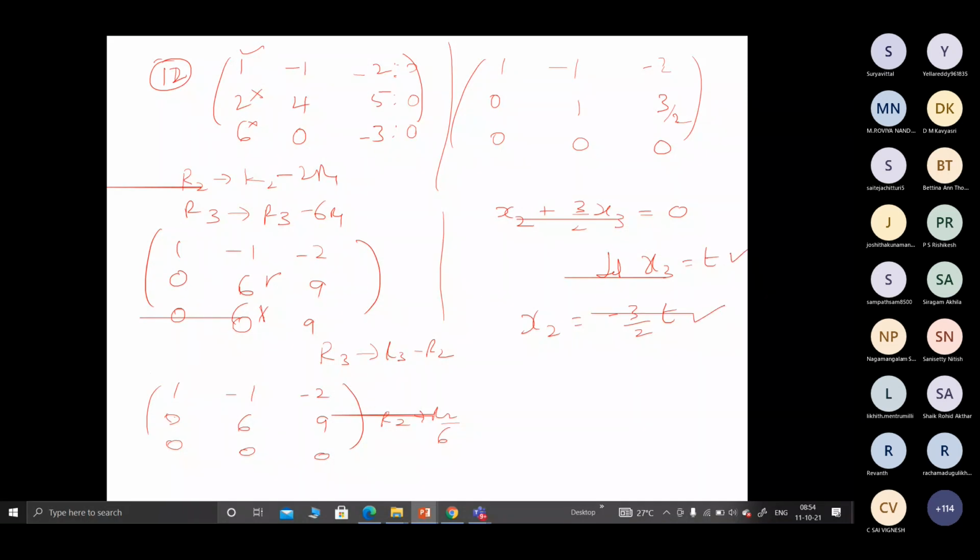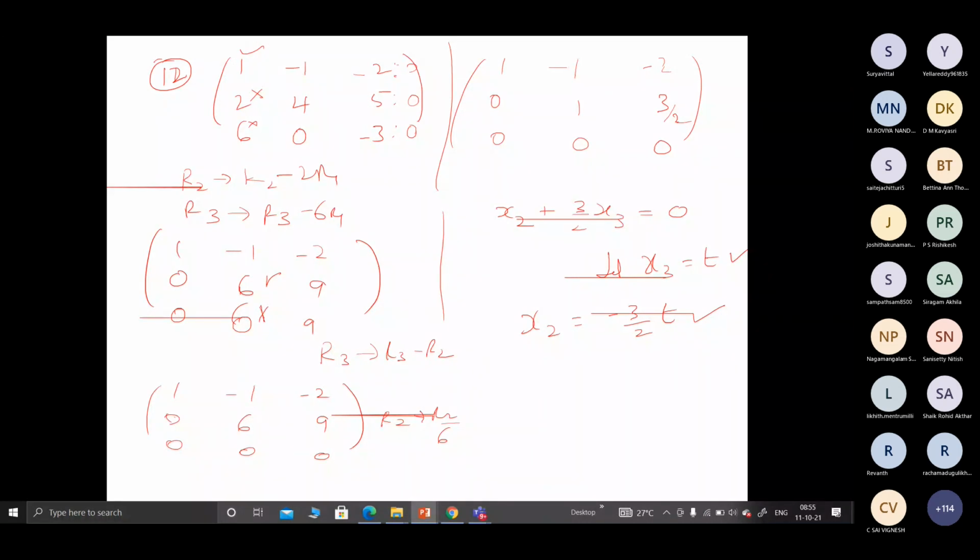Can you repeat while explaining? See, you write the equation for the second row. What is the equation? x2 plus 3 by 2 x3 equal to 0. Is that clear? Yes, sir. Then you have to choose either x3 or x2 as arbitrary.